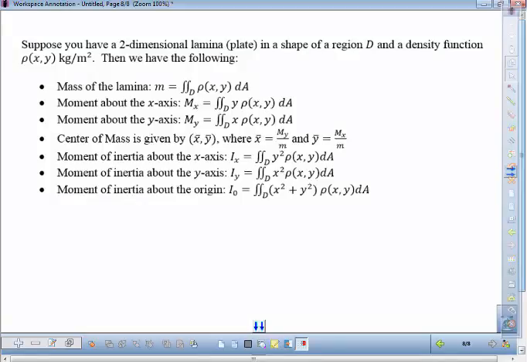Then you have the second moments, also known as the moments of inertia, about the x and about the y-axis. But when you're talking about inertia, it's more interesting to talk about it about zero, where your plate is some circular type function. That moment of inertia is given by I sub 0 is equal to this.